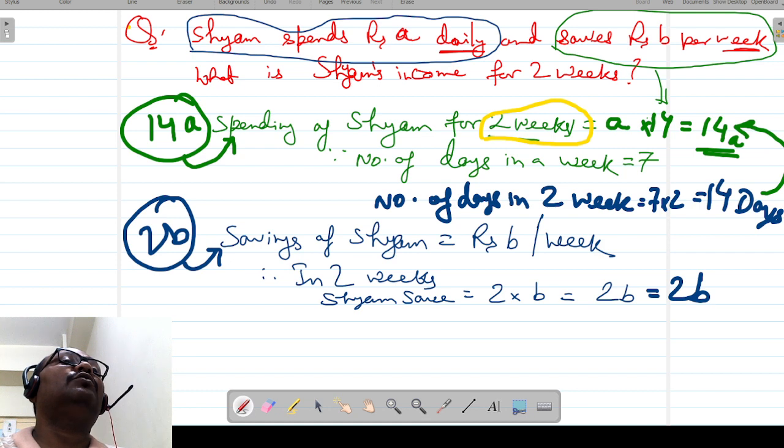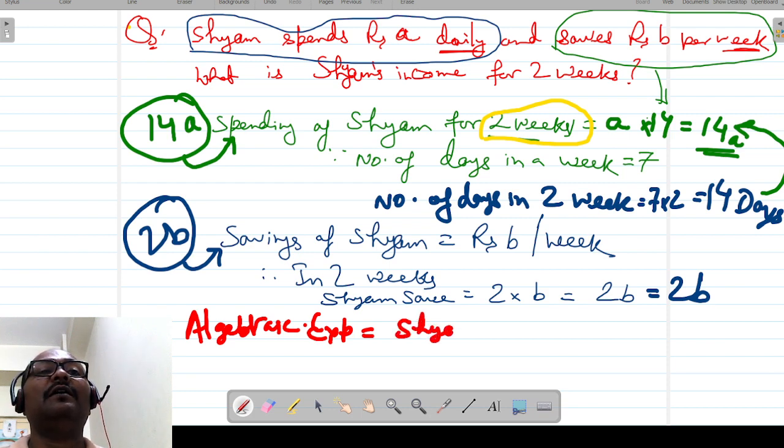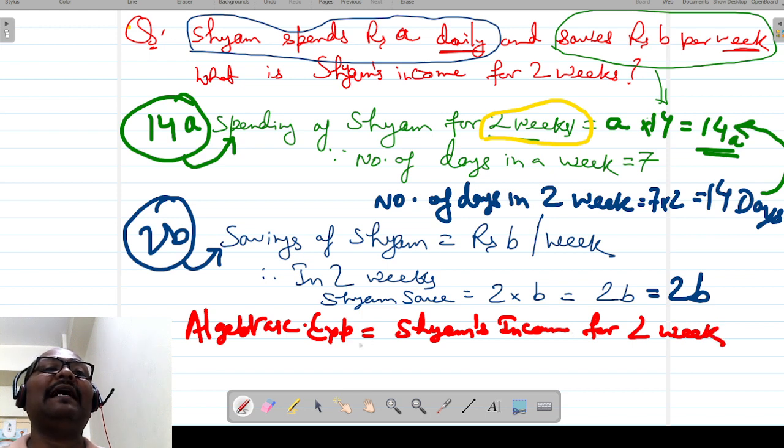So now we come to the conclusion. What will the algebraic expression be? So the algebraic expression will be our answer. That is, Shyam's income for 2 weeks. What will be that?